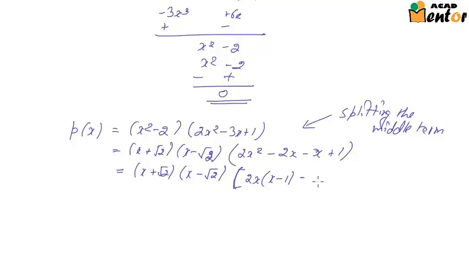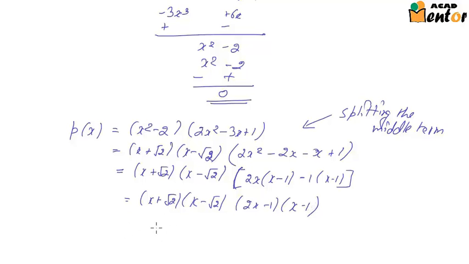Similarly, we take minus 1 as common here, and what remains is x minus 1. Again, this polynomial becomes x plus root 2, x minus root 2, 2x minus 1 multiplied by x minus 1.